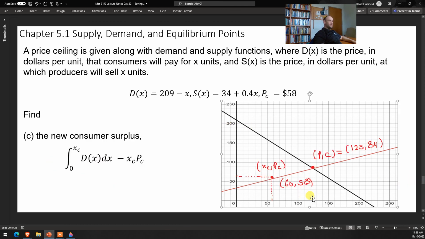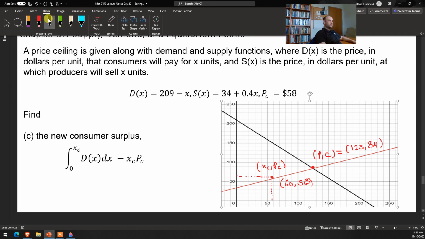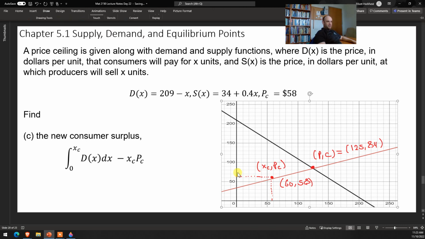Now we can find our new consumer surplus. Remember that that corresponds to the point given our price cap, and visually is represented by the area here between the demand function and the rectangle corresponding to our price cap.